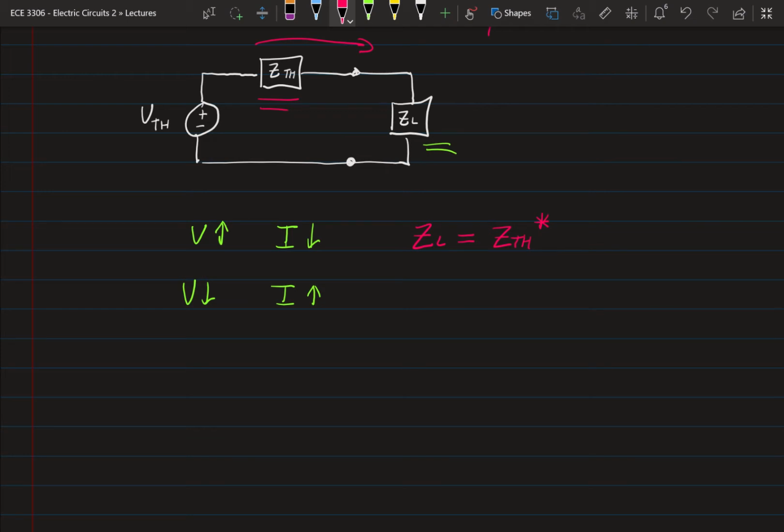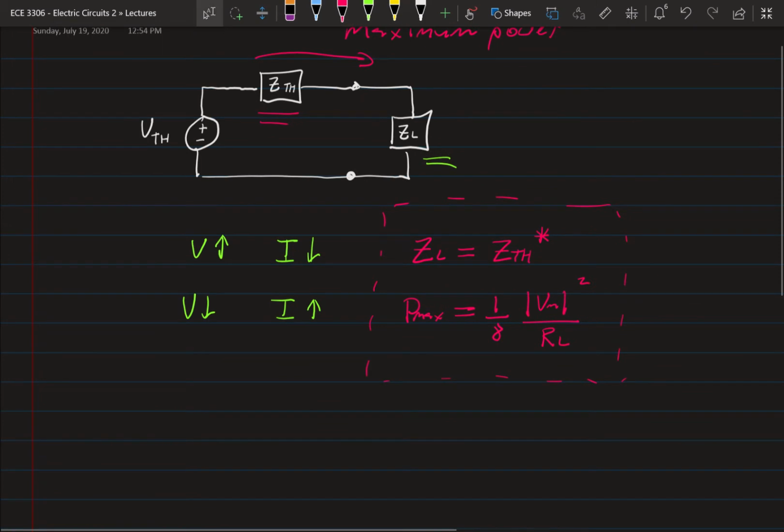And then once we've matched that correctly, our maximum power delivered to our load will be defined by this equation: 1/8 times the absolute value of the maximum amplitude of the voltage squared, divided by R sub L, the real component of the load. And really, these are the only two equations that you need to know when considering maximum power transfer.